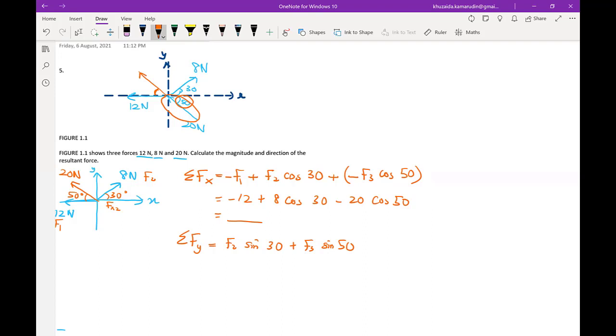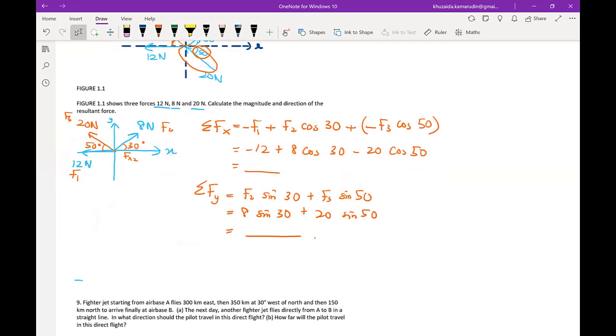So bila resolve, kalau X dah guna cos, Y component of course akan guna sin. So buat substitution macam biasa: 8 sin 30 plus 20 sin 50. Then you akan dapat lah komponen X dan juga komponen Y.